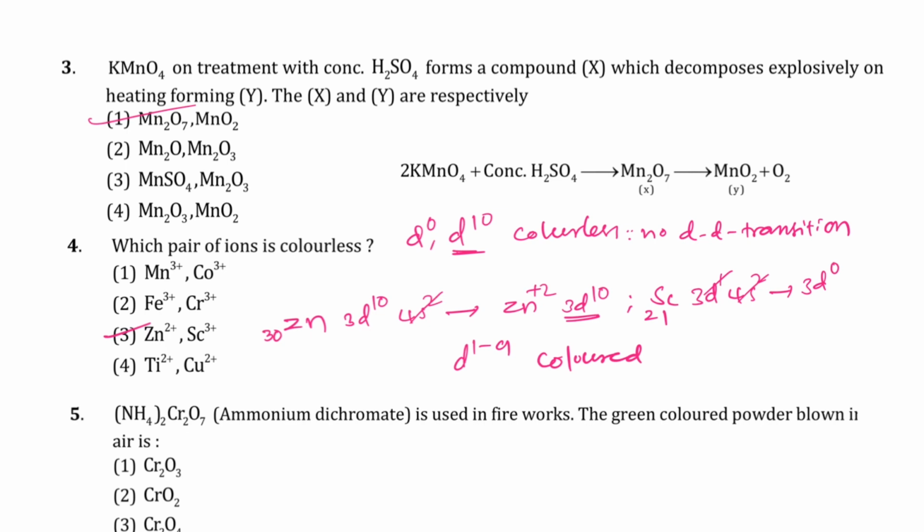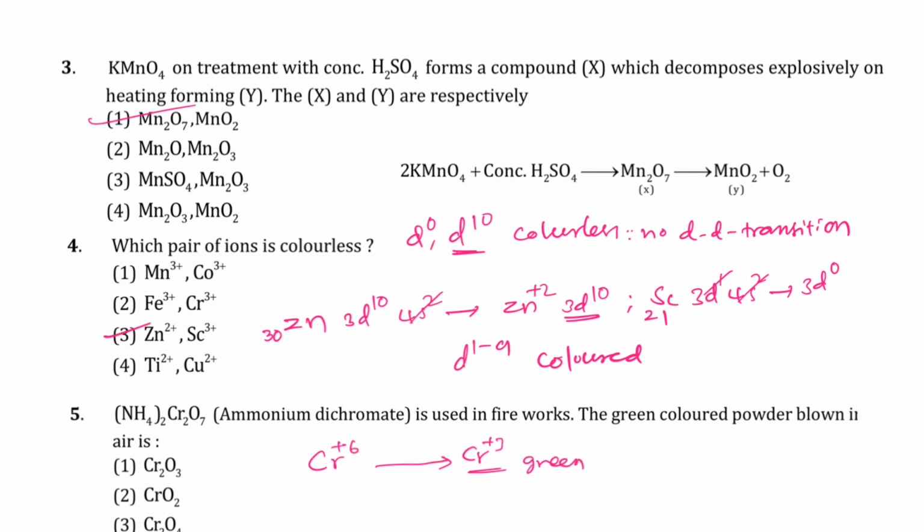Now, ammonium dichromate is used in fireworks, where a green colored powder is blown into the air. What are the green colored compounds? Keep in mind that chromium +6 is generally converted into +3, and chromium +3 compounds are generally green.